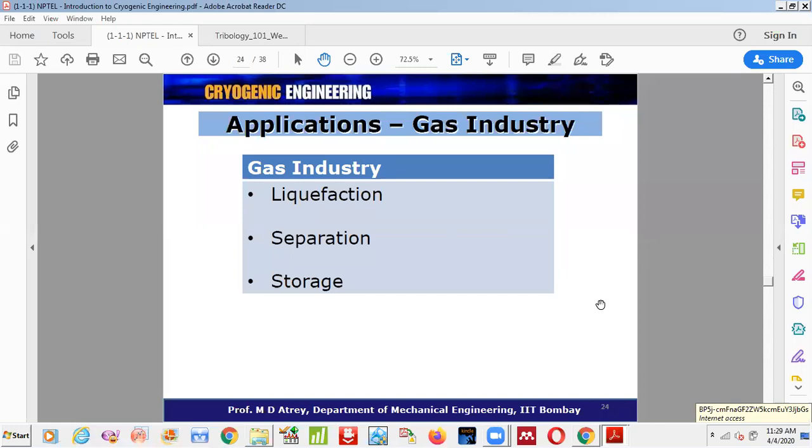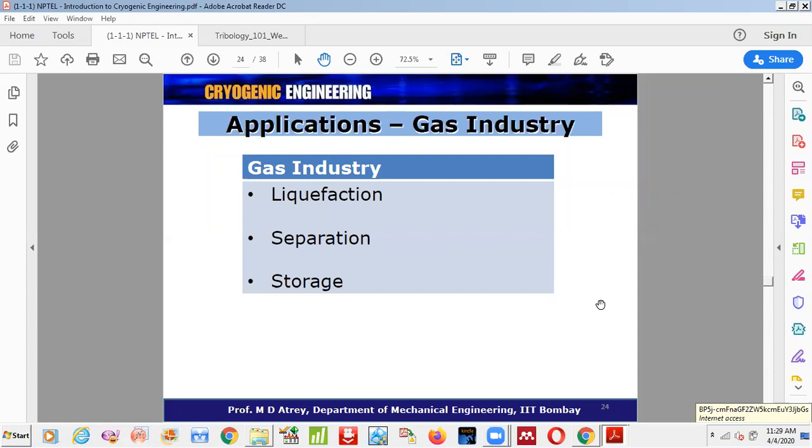Applications in the gas industries: liquefaction, separation, and storage. Liquefaction is the process of converting or preserving gases in the liquid state at a higher pressure. I was just talking about the nitrogen cylinder and the oxygen cylinder. The oxygen cylinder in our energy conversion laboratory stores oxygen in the liquid state, maintained at 200 times the atmospheric pressure.